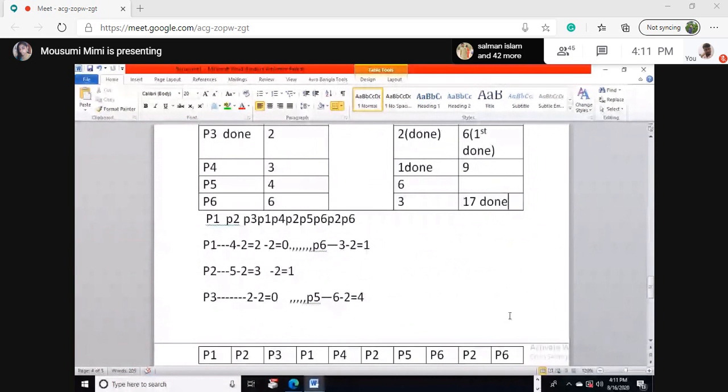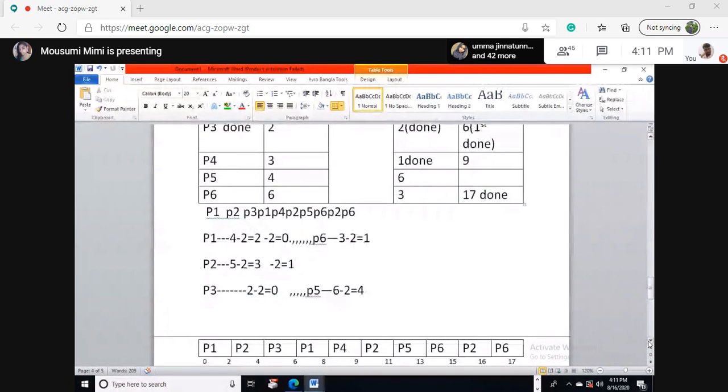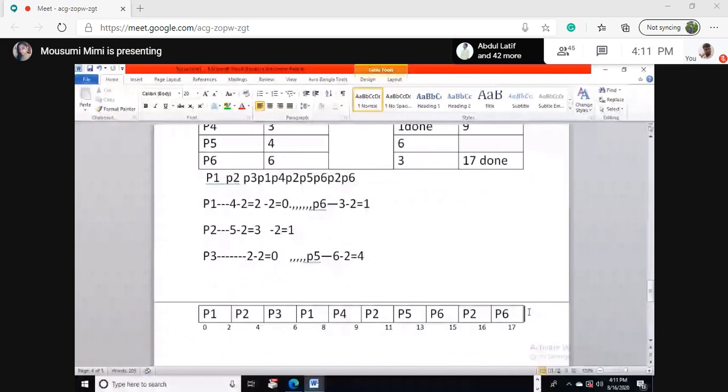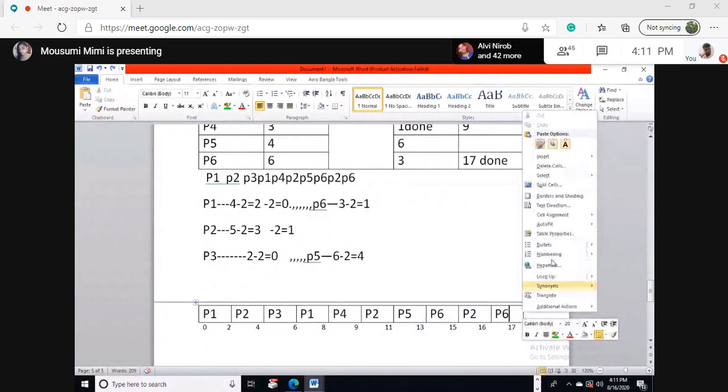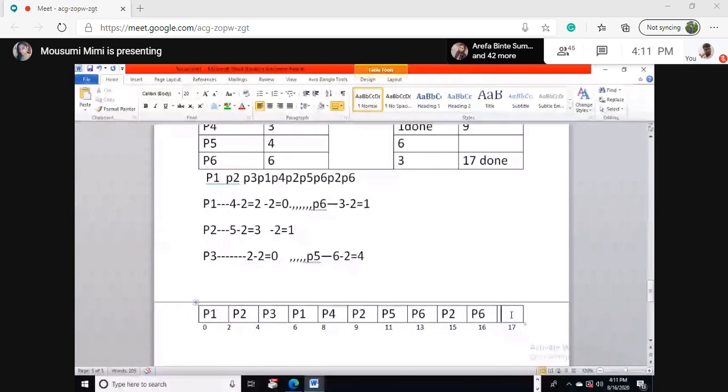As no other process is left, I will just take process 5 here. So 4 plus 17 equals 21. So process 5 is done at 21.